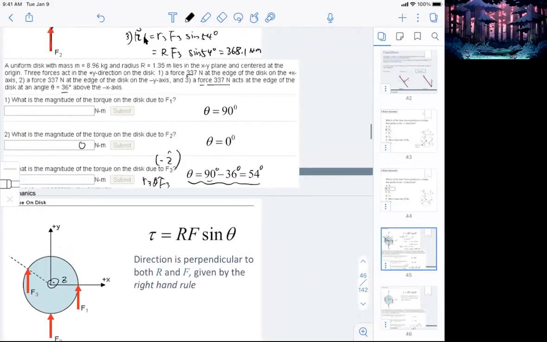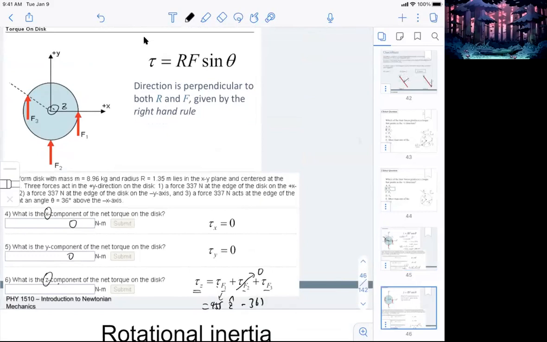This one is negative 368 in the z hat. So that's your net torque, which is about 87 Newton meters in the z hat. That's just a direct application of the definition of torque, right? Which is R cross F.